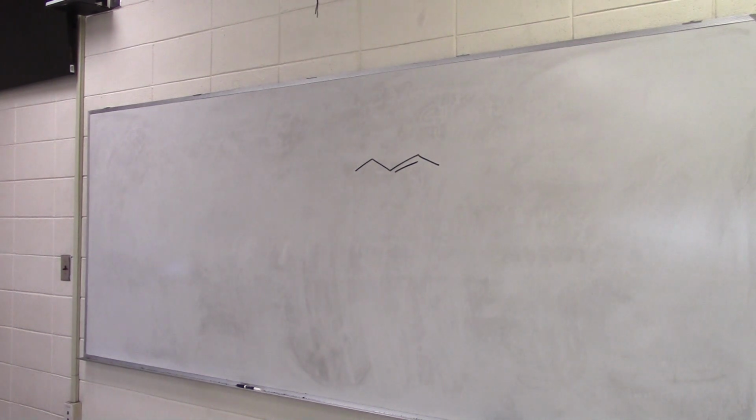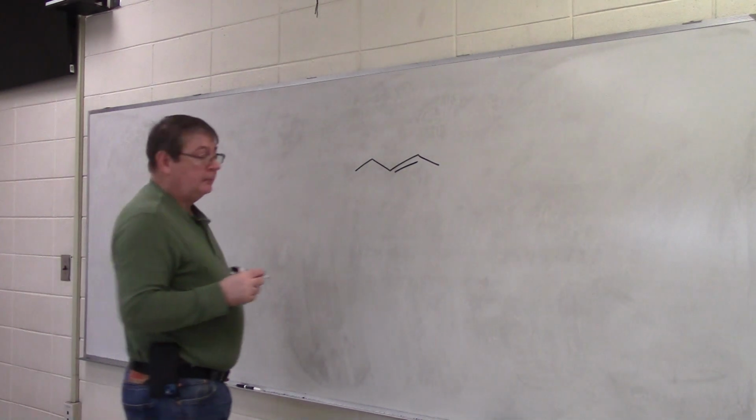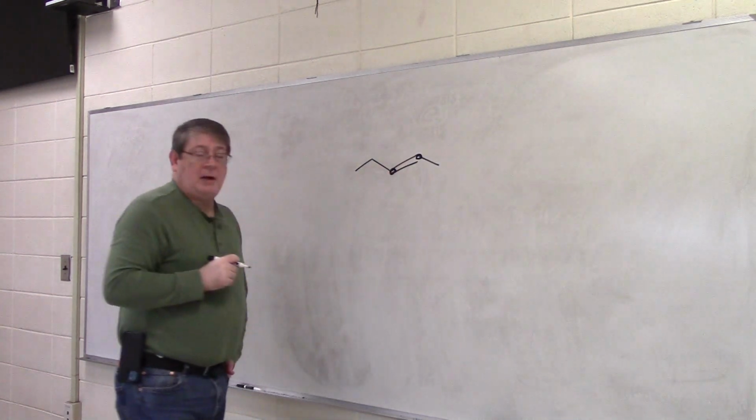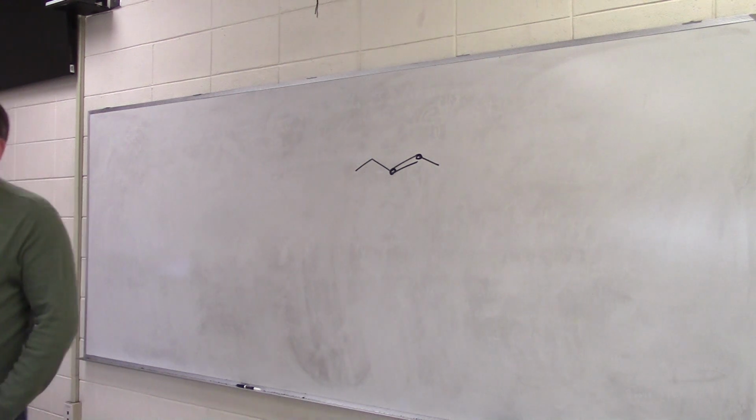I understand the meaning, like this is E, this is Z, but I don't really know how to do it. All right, when we look, first thing you have to do is find the double bond and identify the carbon atoms of both carbon atoms that are part of that double bond, right?